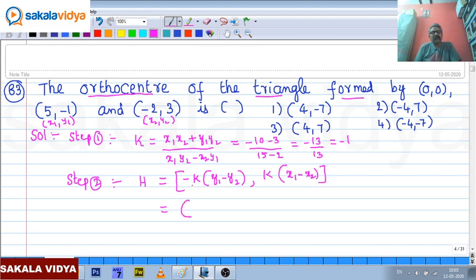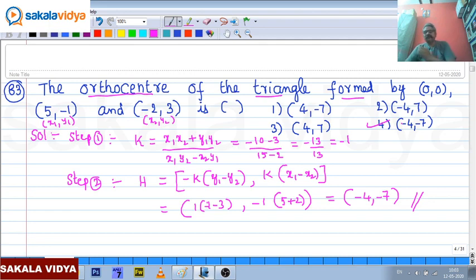So minus of minus 1 is 1 of (y1 minus y2), that is minus 1 minus 3, comma, minus 1 of (x1 minus x2), where x1 minus x2 means 5 plus 2. So this equals minus 4, minus 7. That means the fourth option is the right option.